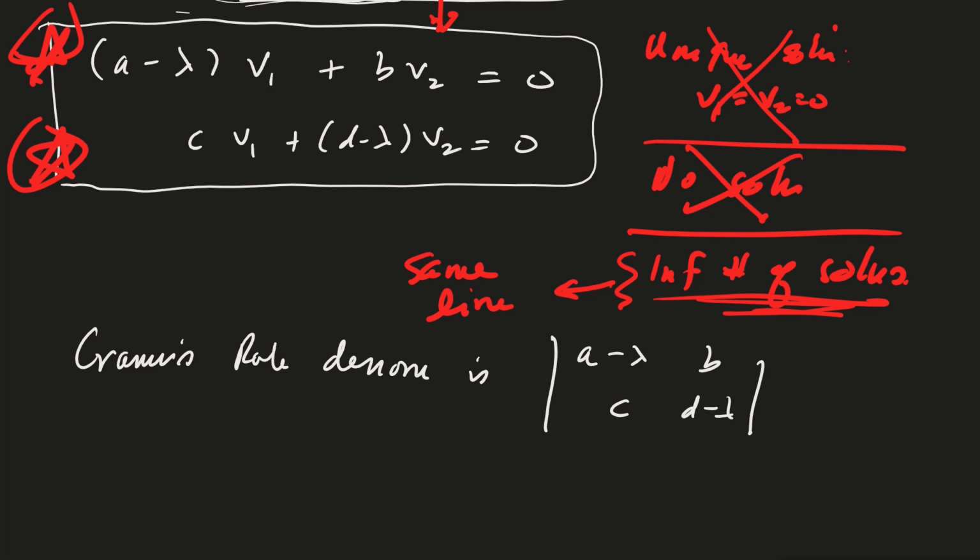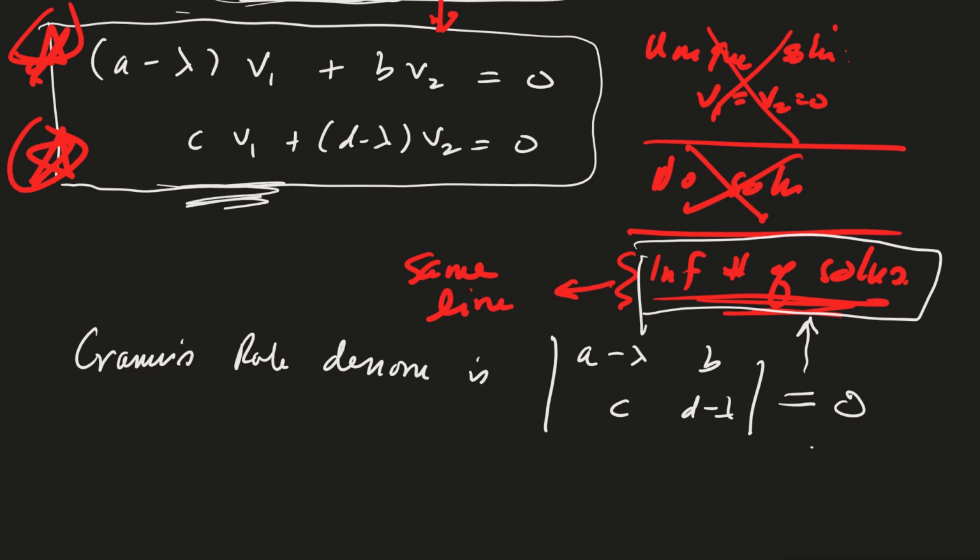Now, if I were able to compute this in my denominator, in other words, if this is not equal to 0, then I could use Cramer's rule to solve this for v1 and v2. And so what I need to do is say that this is 0, so that I'm forced into this situation where I have an infinite number of solutions. Okay, so if this determinant is equal to 0, then these two lines are actually multiples of the same line.